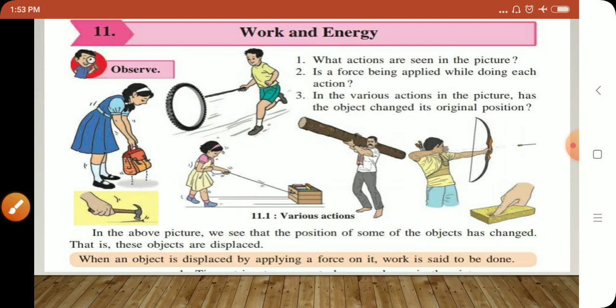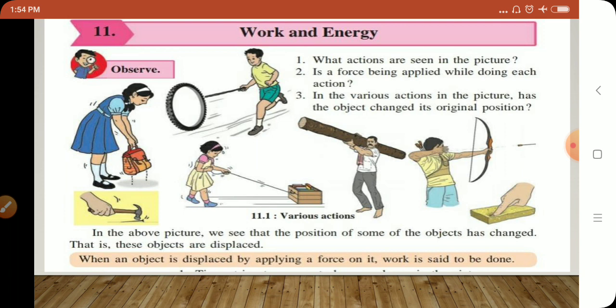See, is a force being applied while doing each action? Yes, of course. Without force, these things will not move. And of course, in every action, a force is being applied. Third, in the various actions in the picture, has the object changed its original position?